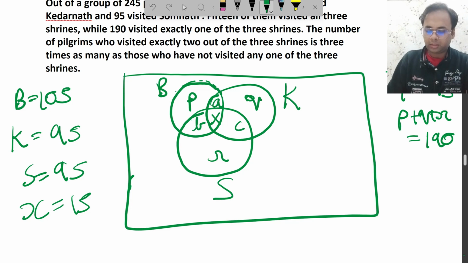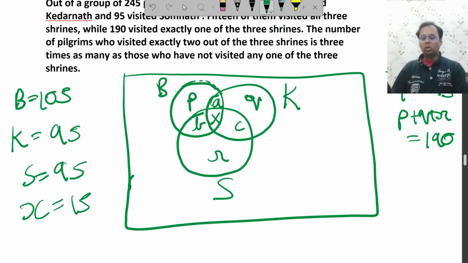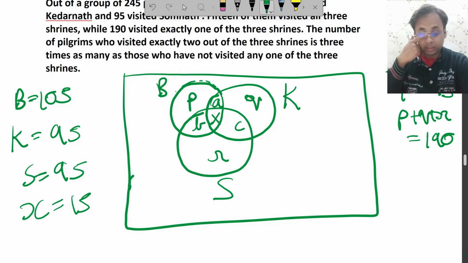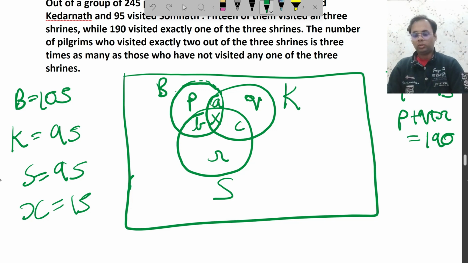Okay, correct. Okay, the number of pilgrims who visited exactly 2 out of the 3 shrines is 3 times as many as those who have not visited any one of the 3 shrines. What does that mean?